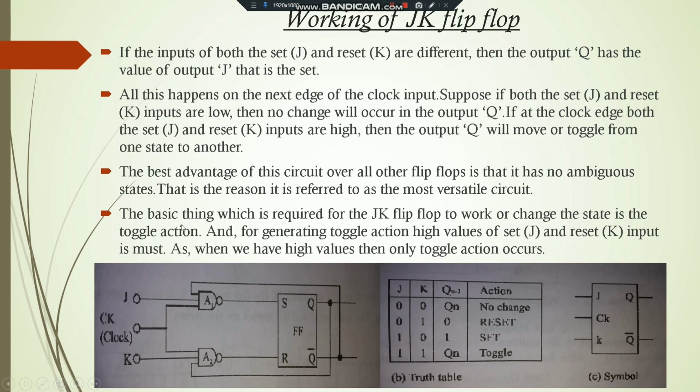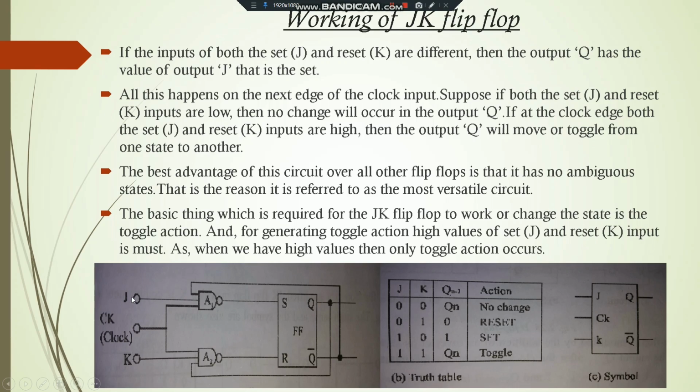The basic thing required for the JK flip-flop to change state in toggle action is that high values of set J and reset K are a must; only when we have high values does toggle action occur.